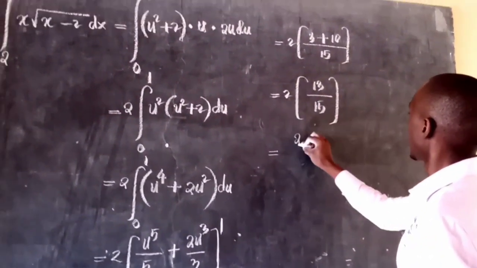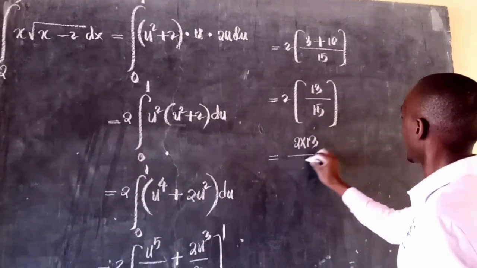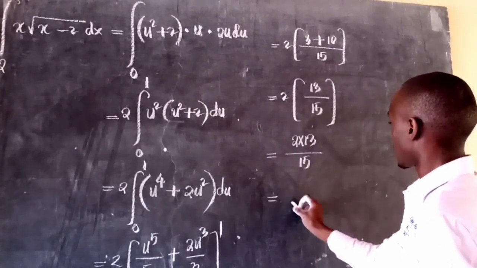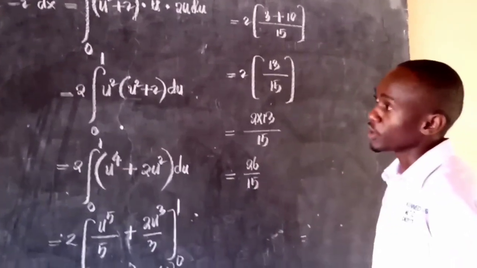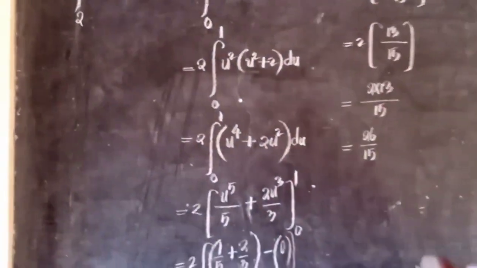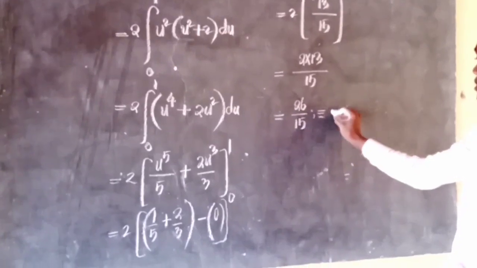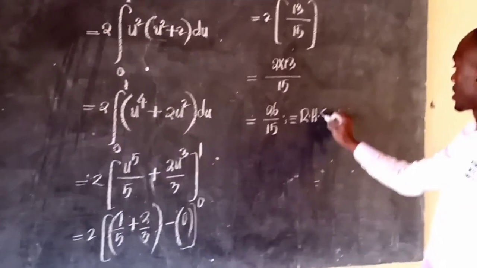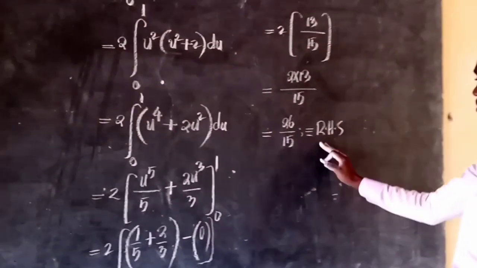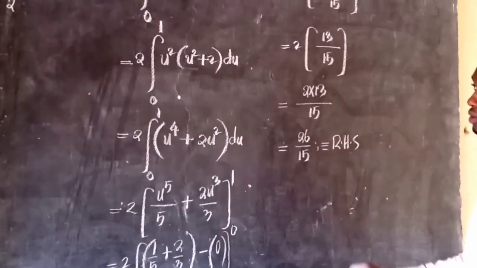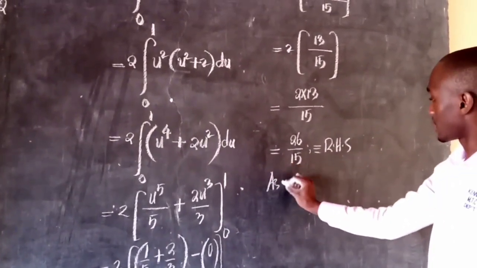It hits the numerator. 2 times 13 over 15 gives me 26 out of 15, which is as required. This is equal to the right hand side. Remember, we carry on from the left hand side. You normally say it's equal to the right hand side, or you can say as required.